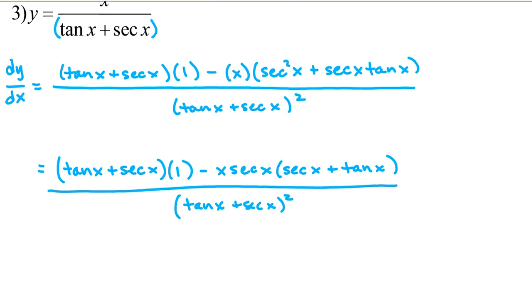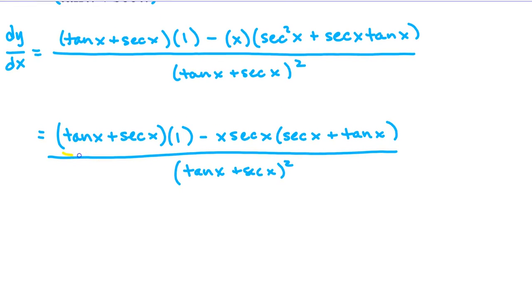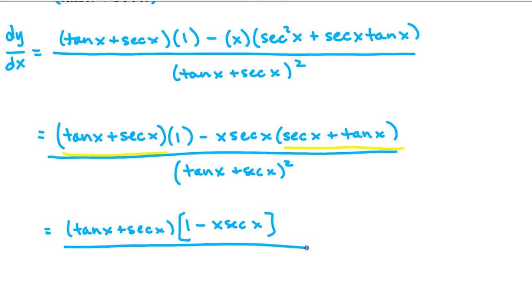Now, if you factor tangent x plus secant x out of both parts of the top, it looks like this. Tangent x plus secant x times 1 minus x secant x, and that's over tangent x plus secant x squared.